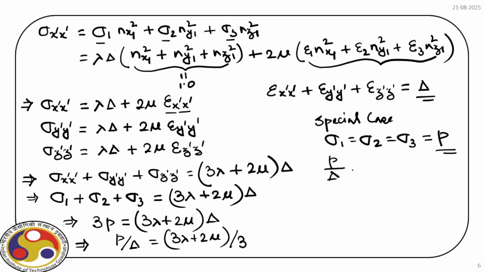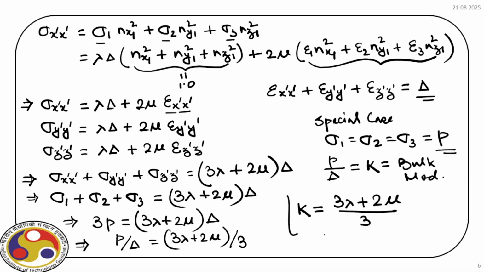P by delta is basically the pressure divided by the volumetric strain, and that is what we call bulk modulus K. So K is the bulk modulus, and K, if we express in terms of Lame's constants, is 3 lambda plus 2 mu divided by 3. So that's the first relation we get, the expression of bulk modulus in terms of Lame's constants.